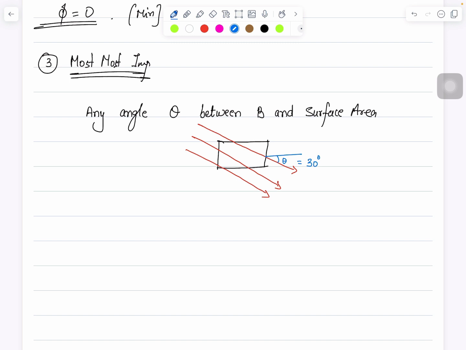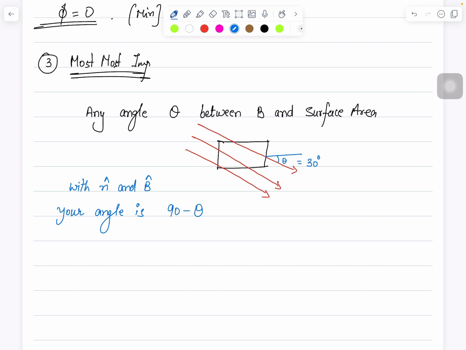So where is the N cap? Where is the N cap? Or what is the real angle you are going to use? So with N cap and B cap, your angle is 90 minus theta.